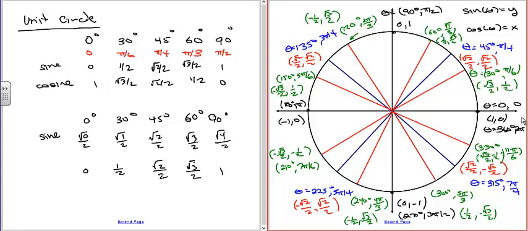Okay, so let me just reiterate how we got to this point. Do I expect you to be able to do this? Well, what I'm going to do is show you how you can use this thought process to get the sines and cosines of these critical angles.